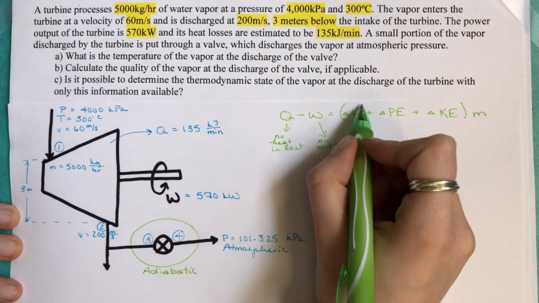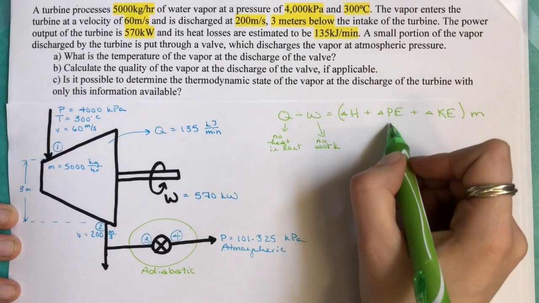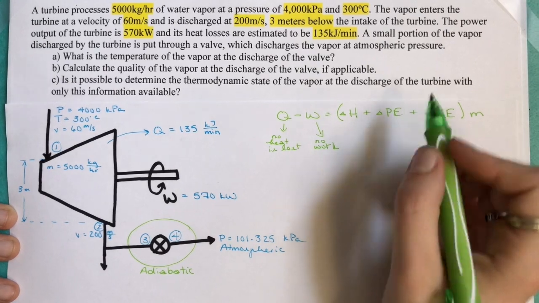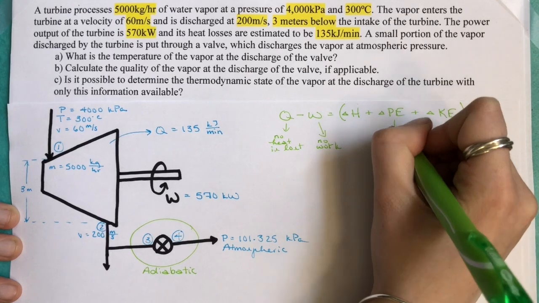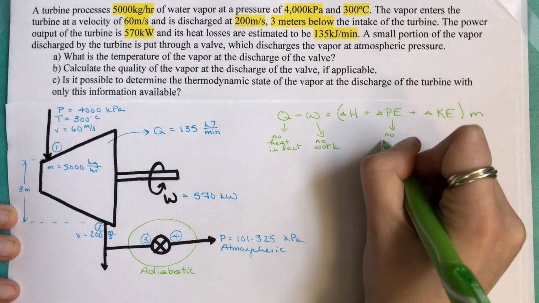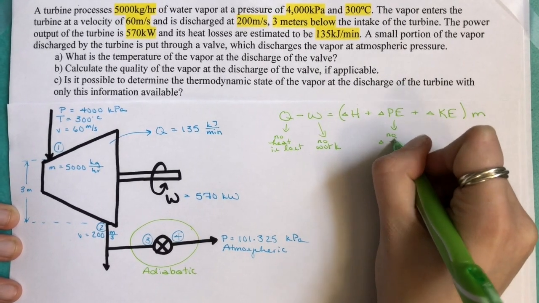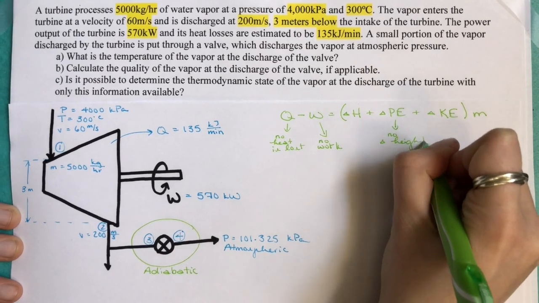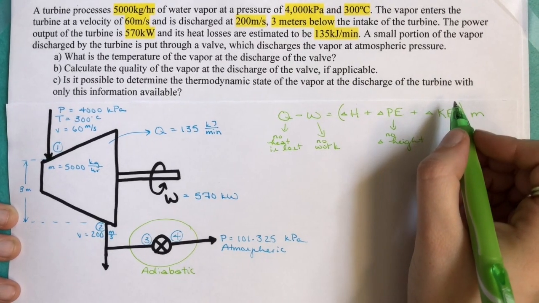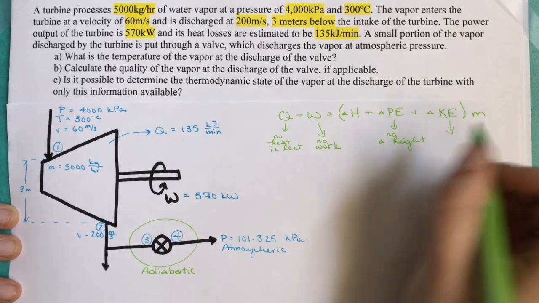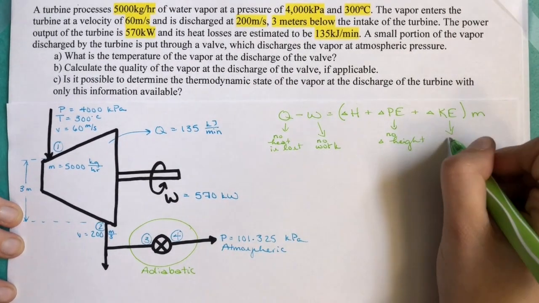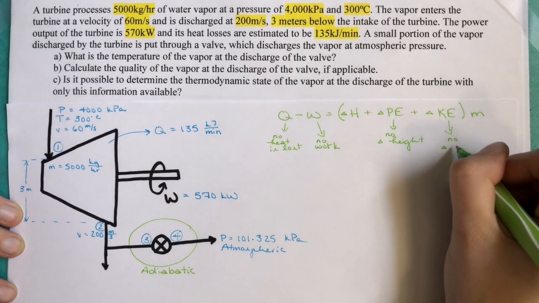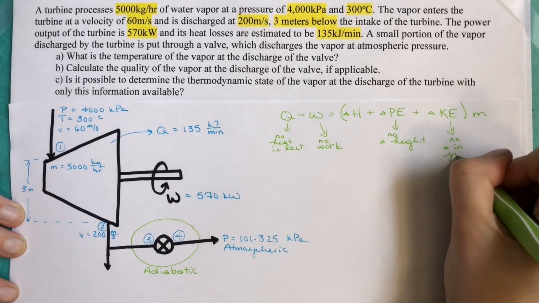We're going to leave delta H alone for a second and skip over to potential energy. Since there's no difference in height that we're told about this valve, we can assume that this also goes to 0. No change in height. With kinetic energy, there's no change in speed that they tell us as everything moves through the valve. So no change in speed.